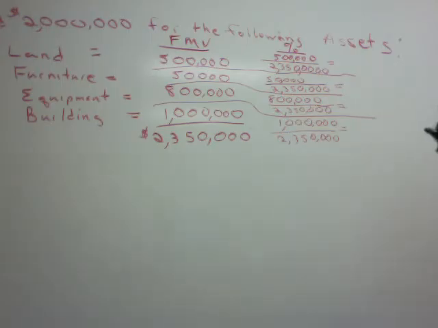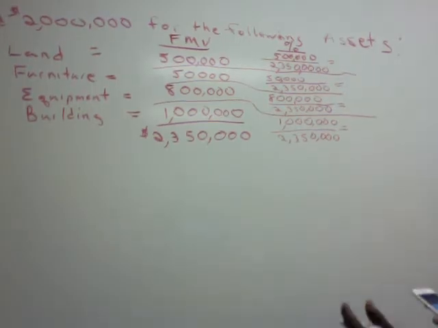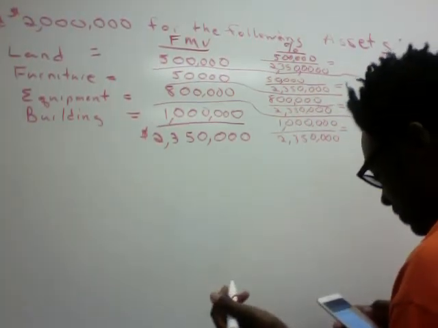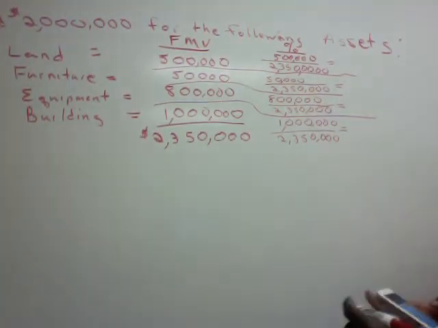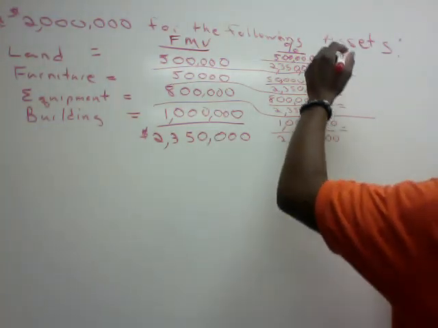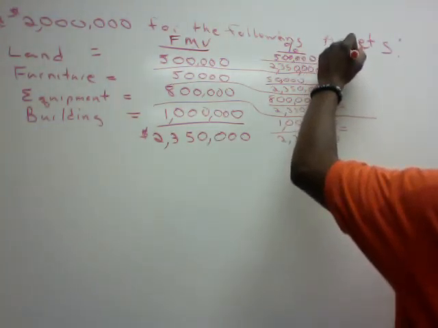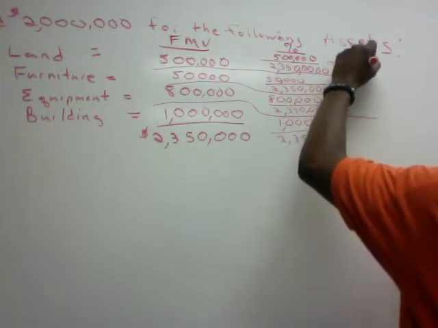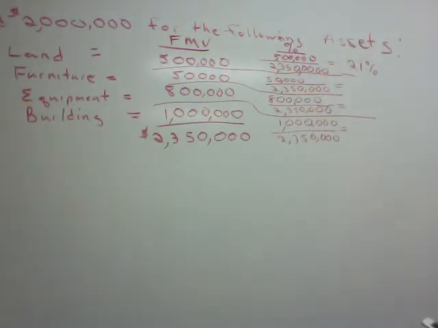So, let me pull out my calculator. 500,000 divided by 2,350,000 gives us, and I'm just going to round to two decimal points over, 21%.